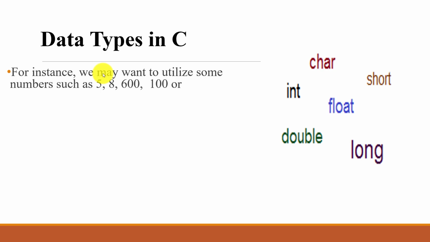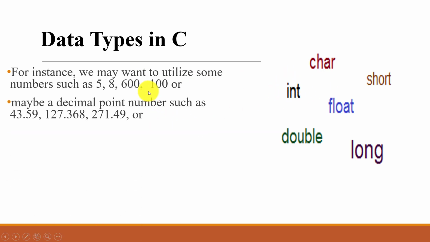Now, which kind of data can we store in our program? For example, it might be 5, 8, 600. These are numbers, which you can refer to as an integer or int. So it becomes an integer data type.